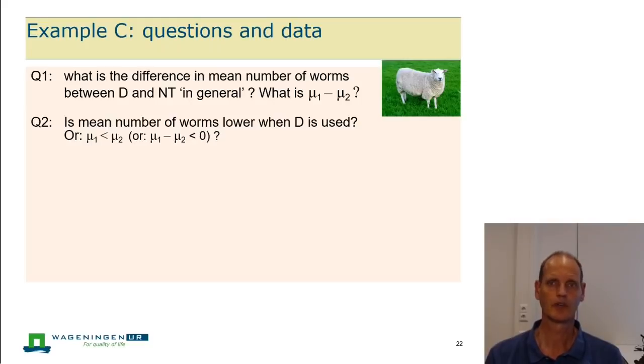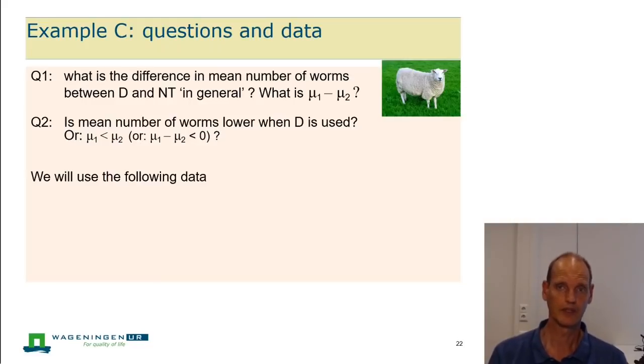Is the mean number of worms lower when D is used? In other words, is mu1 smaller than mu2, or is mu1 minus mu2 smaller than 0? So the first question again will be, we will use a confidence interval for that, and the second question in the second part with a t-test.